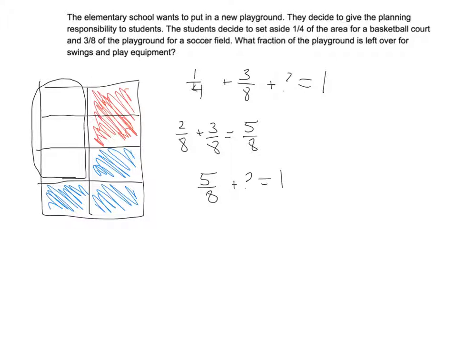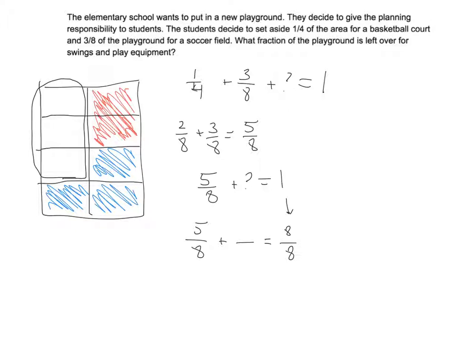And in order to solve this, let's think about it in these terms. 5/8 plus some fraction needs to be equal to 1, which, since we want a denominator of 8, we'll rewrite as 8/8 because we know that 8 divided by 8 will give us 1. So this is indeed the same number as 1.